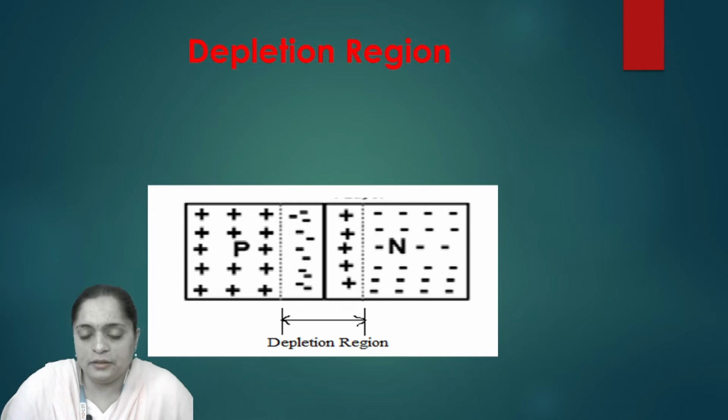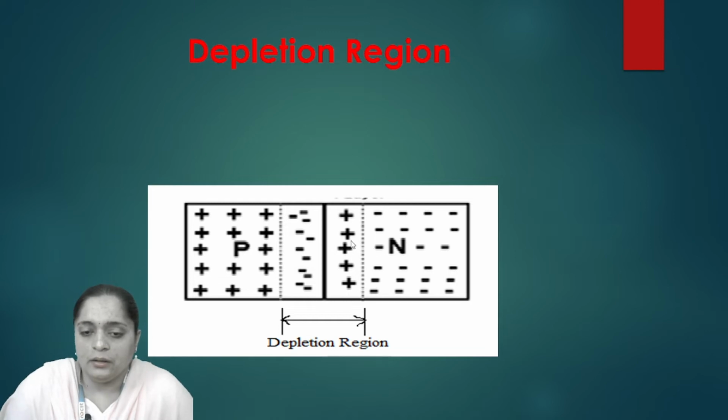How will that depletion region be formed? When electrons move towards the p-type semiconductor material, the transfer of electrons towards the p side leaves behind a positive ion near the junction in the n-type semiconductor material.